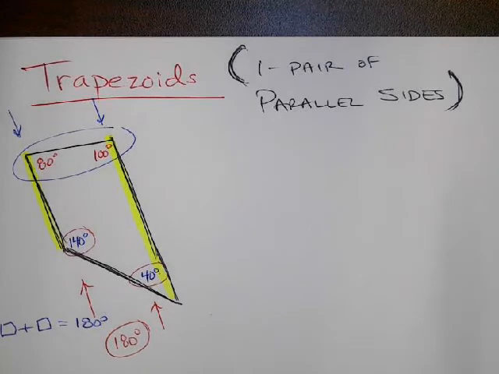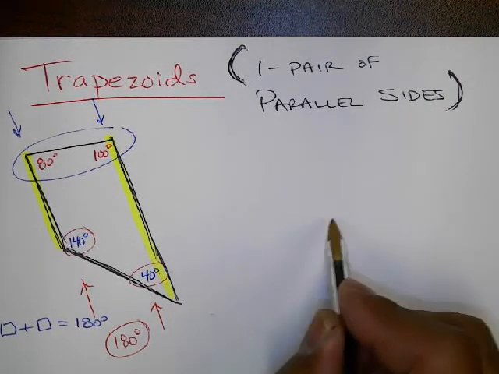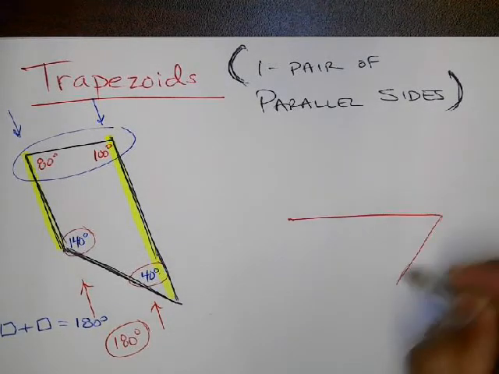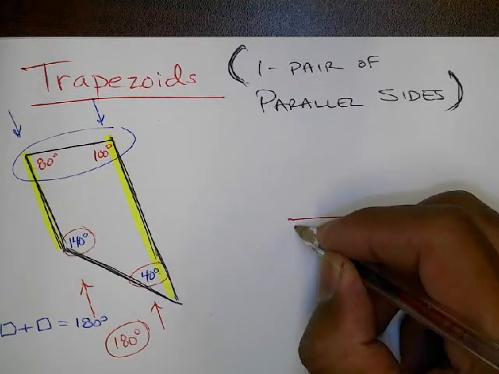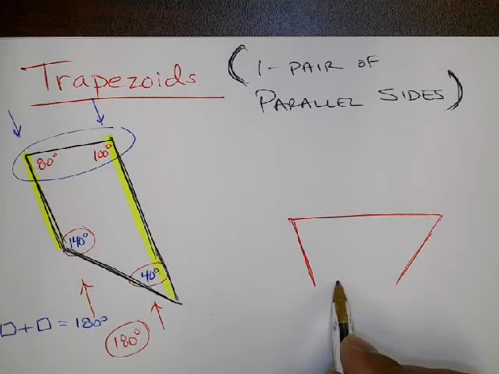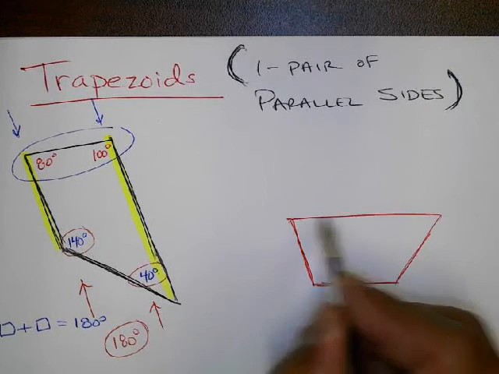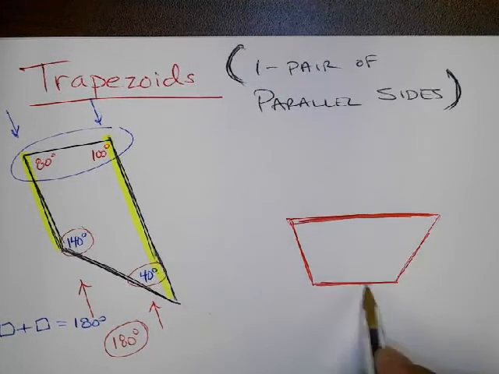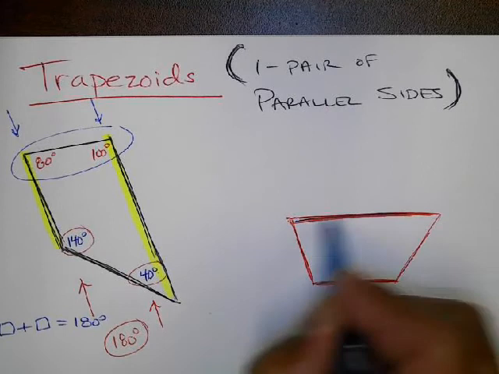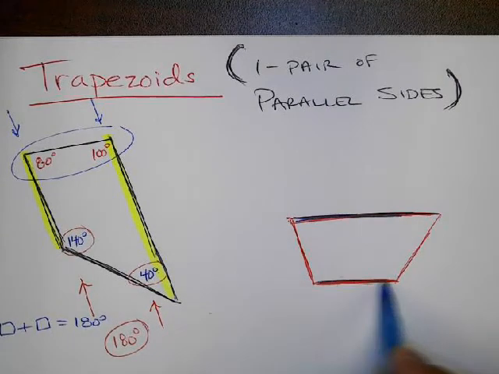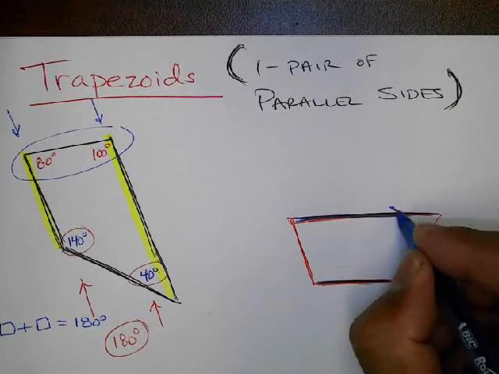All right, and you'll also have parallelograms that are facing the other way, like this. Let's say it's looking like this a little bit. But again, now here the parallel lines are the top and the bottom, right? You might want to make them a little darker. You might want to use a highlighter.